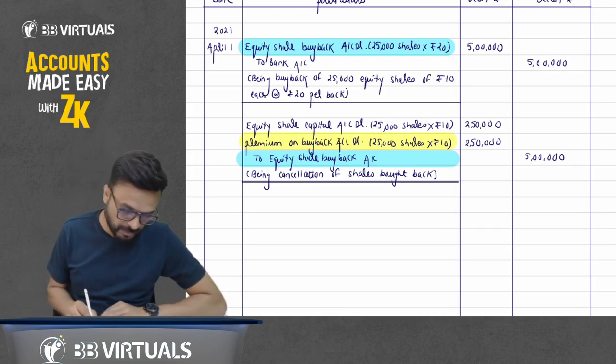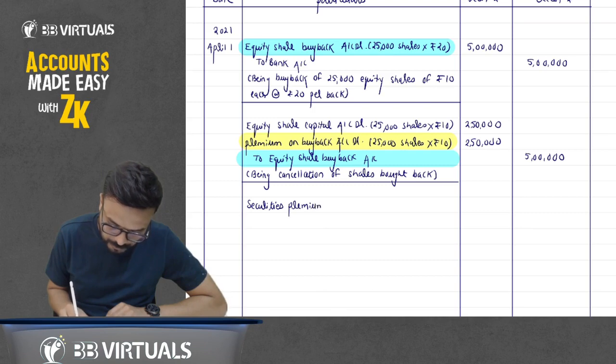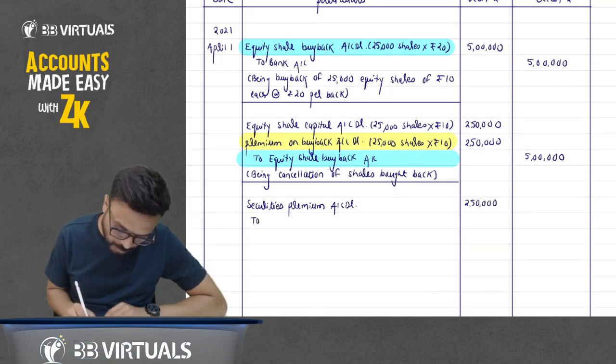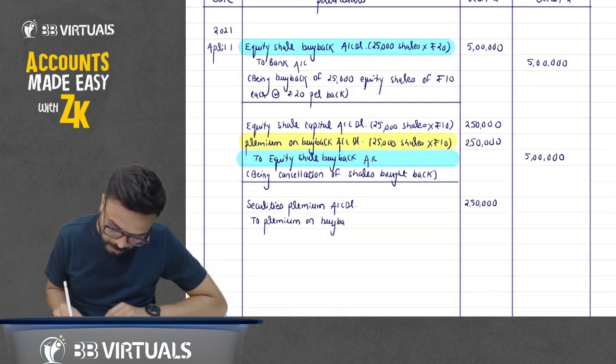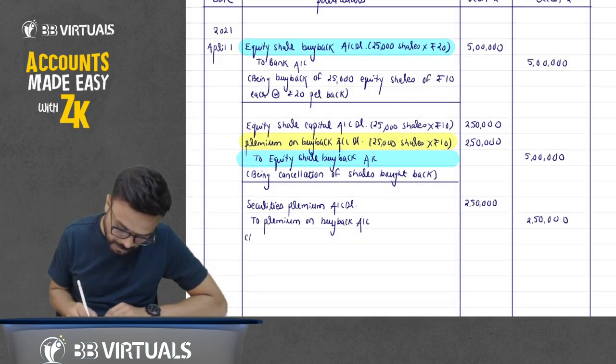So write down here securities premium account debit 2,50,000 to premium on buyback account 2,50,000.